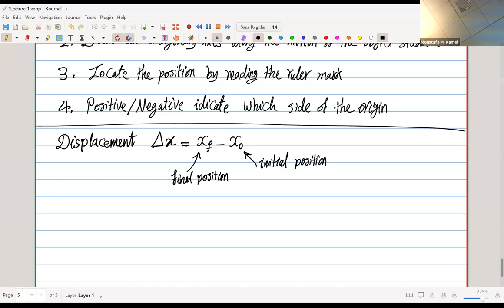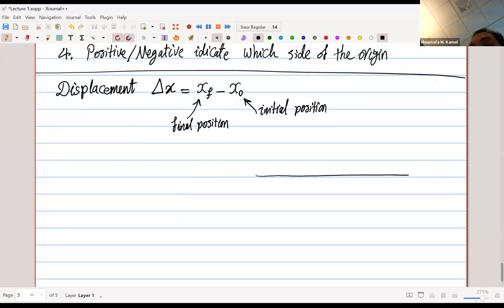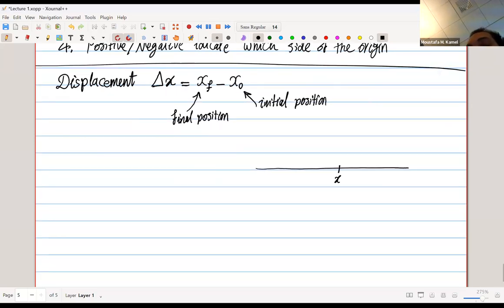So, for example, if I have again my coordinate system with x being 0 here, the origin, and I have 1, 2, 3, -1, -2, -3. And let's say I started the motion, like I started my car here, okay? And then after some time, I'm here. So this is x naught, the initial position, and this is x final, okay?